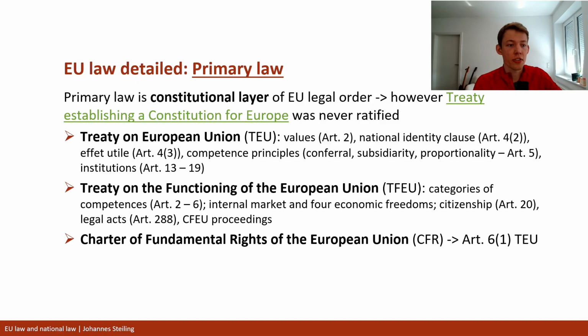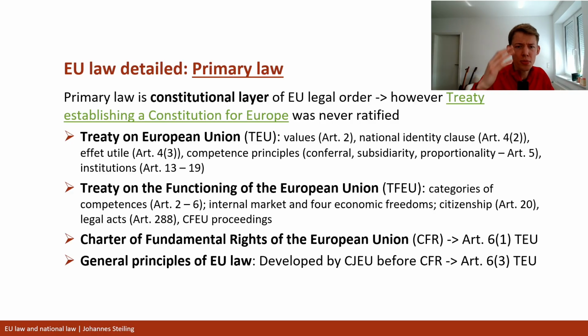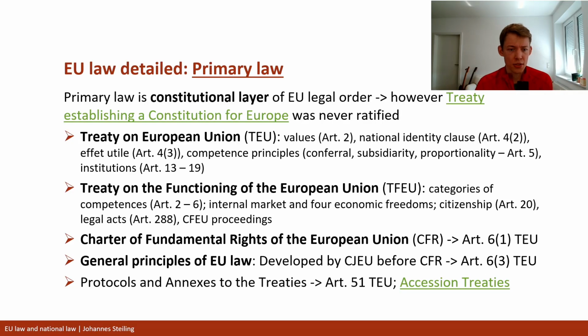Right. Then we also have the Charter of Fundamental Rights, which has the status of primary law in Article 6 TEU, as I explained. We have general principles of EU law that the ECJ thought of. These are also things like rule of law and stuff like that. And we have the protocols and annexes to the treaties, and also the accession treaties are part of primary law.